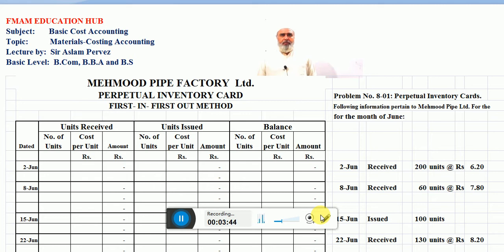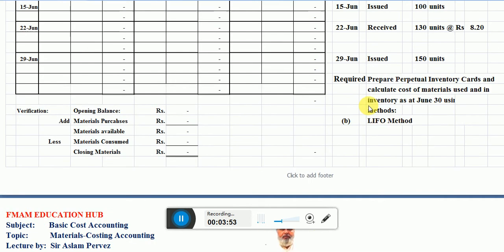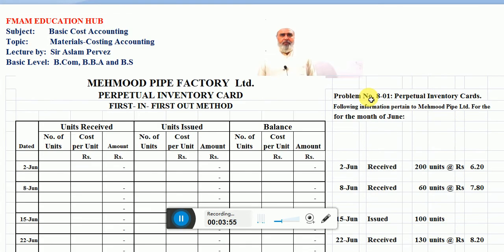Students, let's move to explain the given problem which is on the screen here. Problem number 8.1, which is taken from the book of Professor Sohail Afzal, Perpetual Inventory Cards.